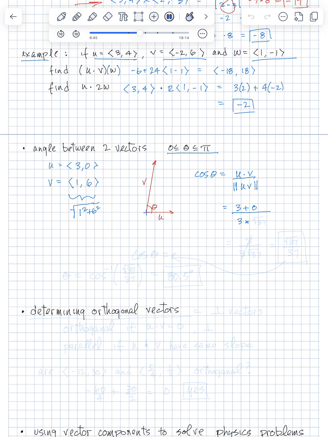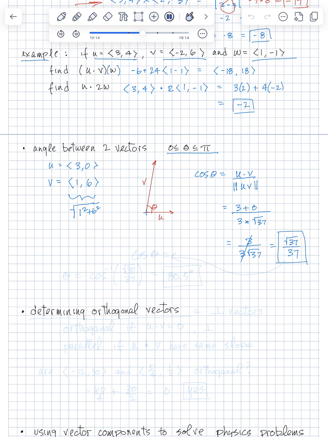So it's the square root of 37. So we have 3 over 3 square root of 37, and the 3's cancel, 1 over the square root of 37, or square root of 37 over 37.